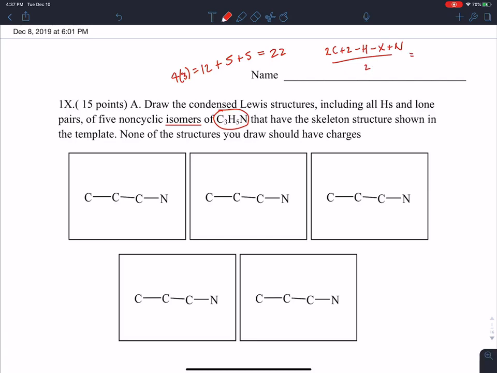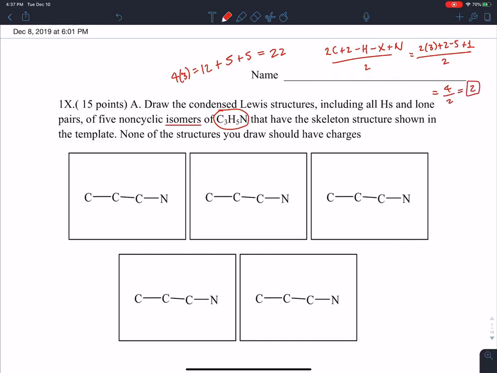If we put that into what we have, we get 2 times 3 plus 2, minus the 5 hydrogens, plus the 1 nitrogen, all divided by 2. 3 times 2 is 6, plus 2 is 8, plus 1 is 9, 9 minus 5 is 4, and 4 divided by 2 gives me 2.